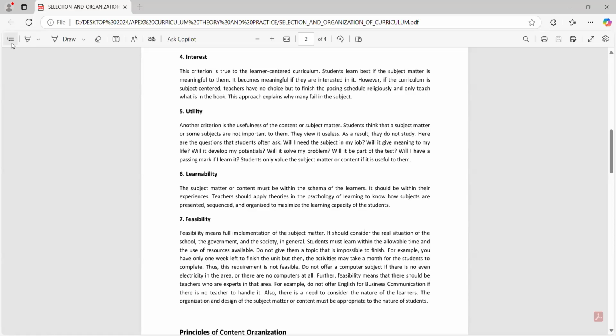Am I right? Yeah, ma'am. Yes. So you have to make sure that the subject matter you select is easily learned and it caters to their cognitive levels, a schema of learning, and it is simplified to cater to their levels, right?